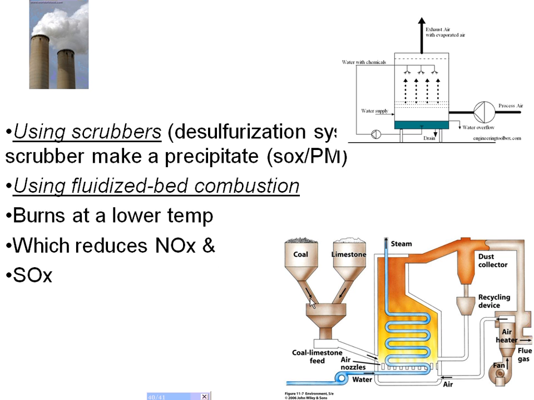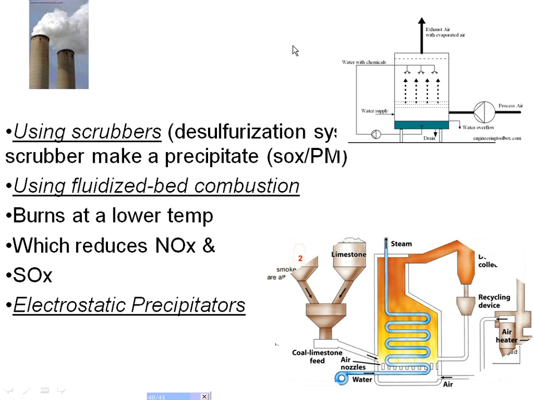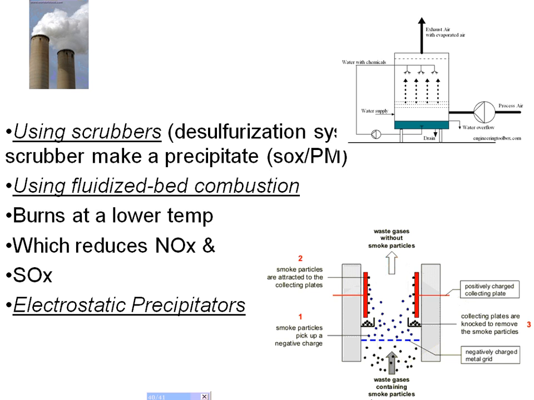And then your electrostatic precipitator. If you remember, this also can go into a smokestack, but basically we have particles here. It removes particulate matter, so waste gases containing smoke particles. There's a little grid here that's going to give these particles a negative charge.